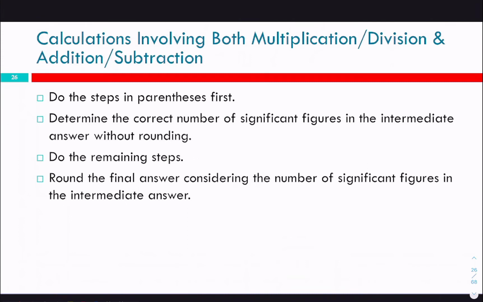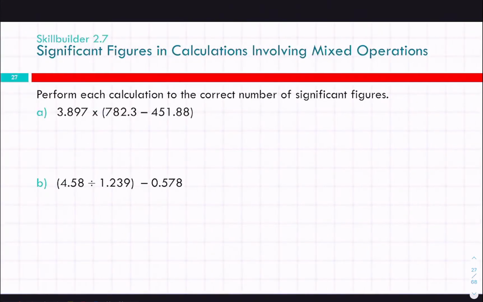Then you determine the correct number of sig figs from your intermediate answer without rounding. Do the remaining steps, and then round the final answer considering the number of significant figures in the intermediate answer. So we'll see what that looks like.